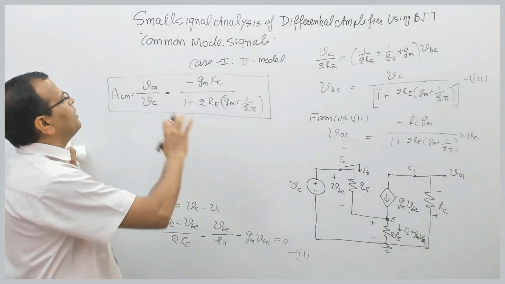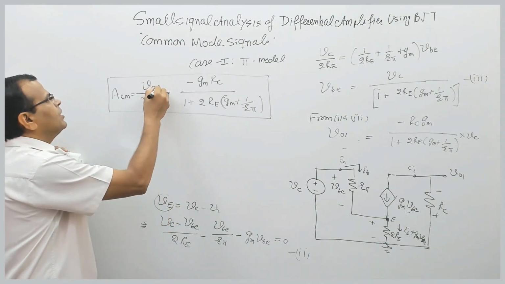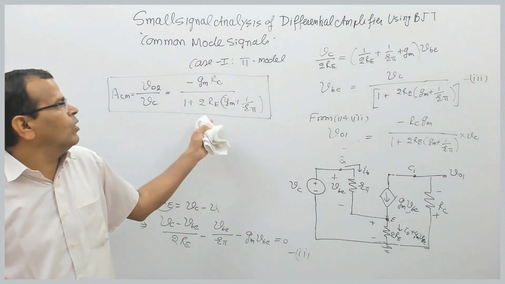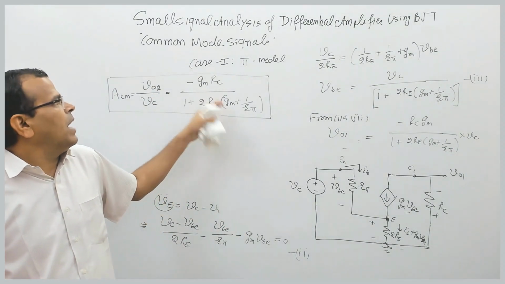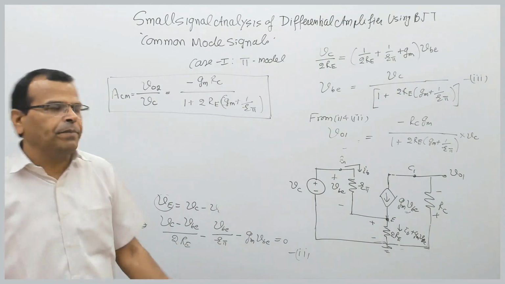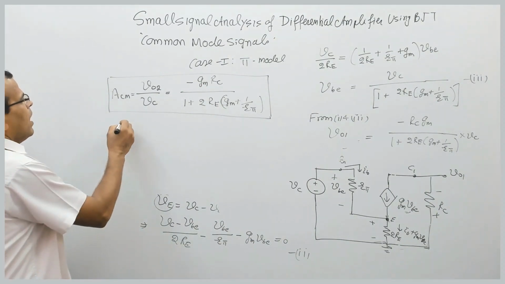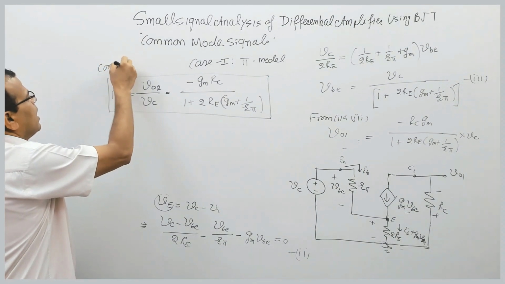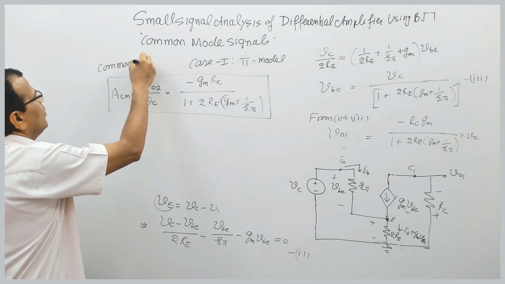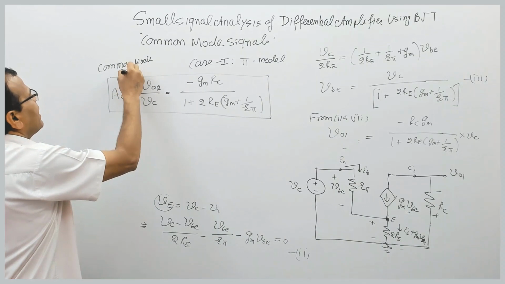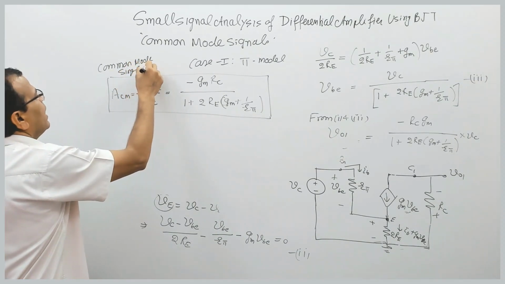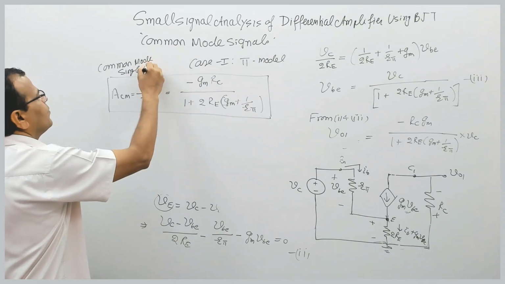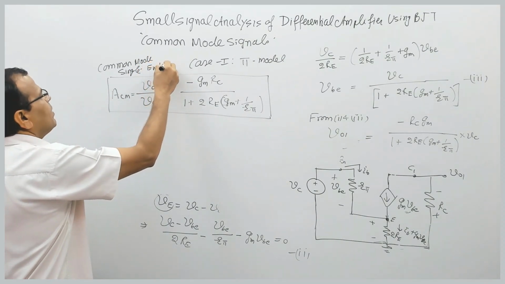This expression remains the same if I change V01 to V02, because both transistors are identical and I am taking all parameters to be the same. I repeat, this is for common mode, single-ended output. What do you mean by single-ended output?